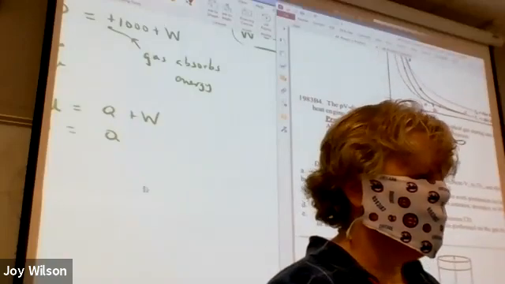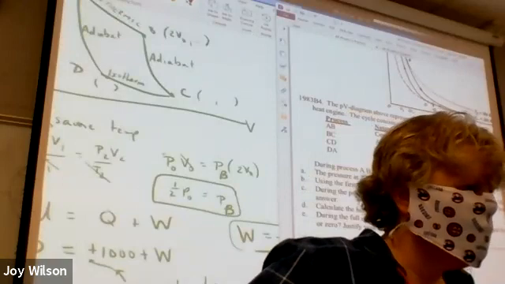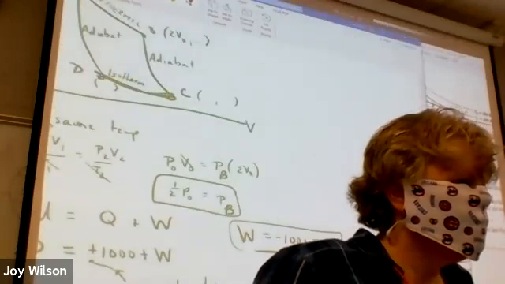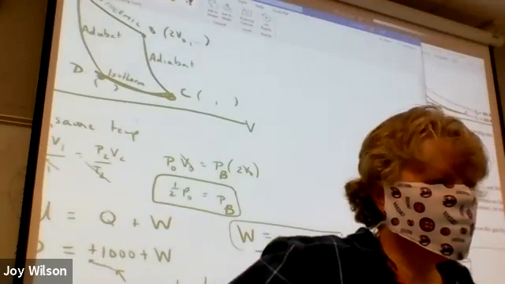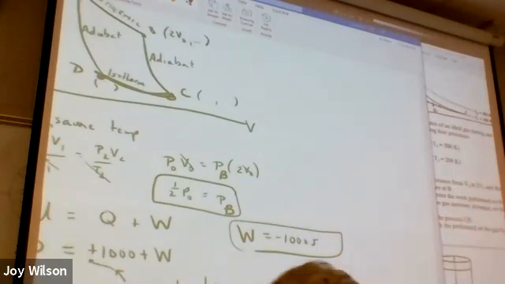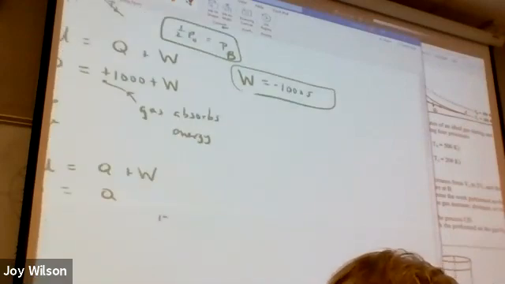Which way are we moving on our picture now? How are we going to figure this piece out? If I'm looking for Q, that must mean I know how to find work.